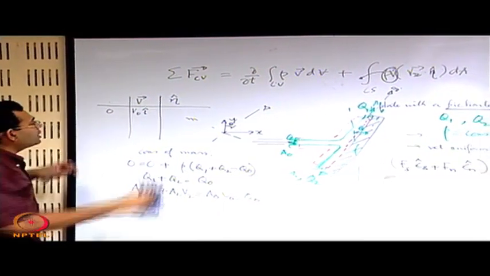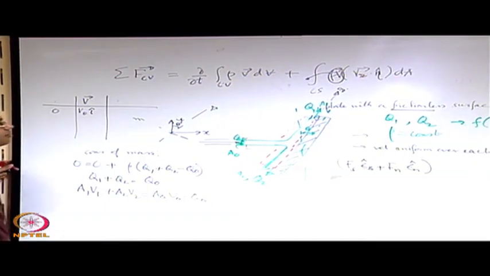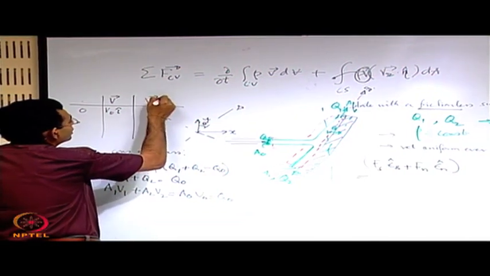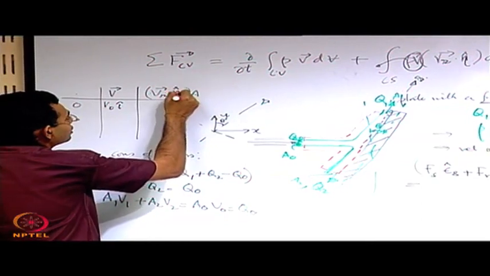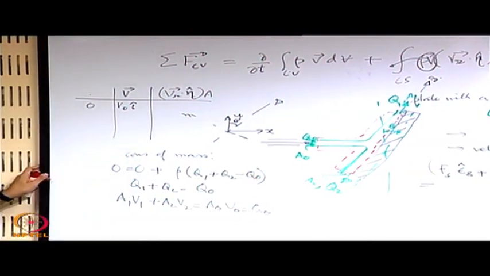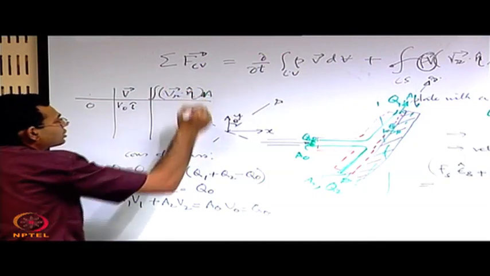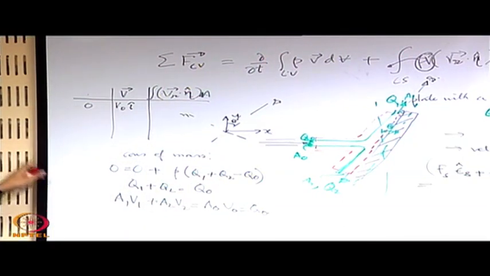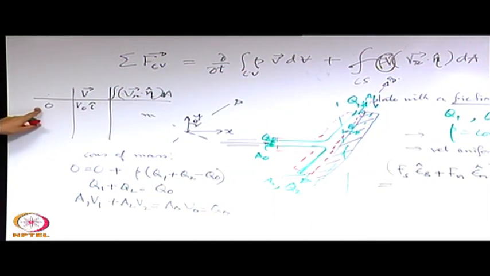Maybe instead of writing this normal vector, let us write what is V dot n A, or more fundamentally the integral of V dot n dA. So, what is there for the surface 0?